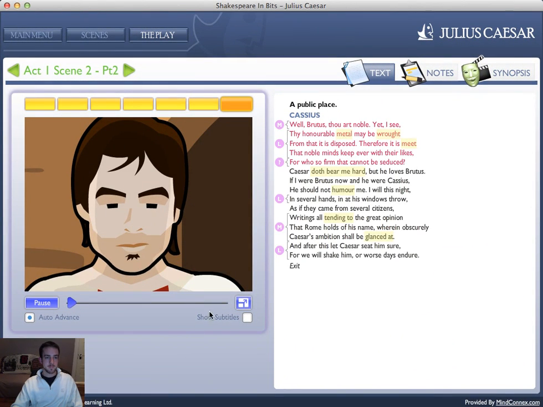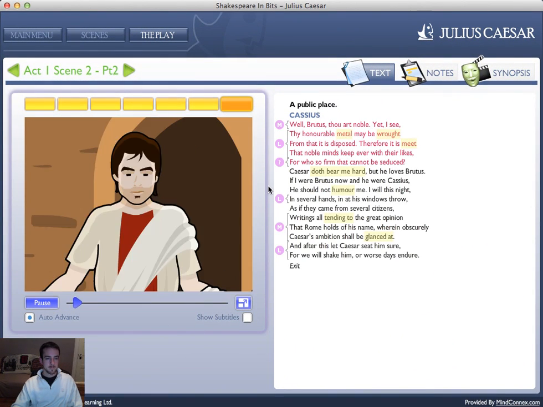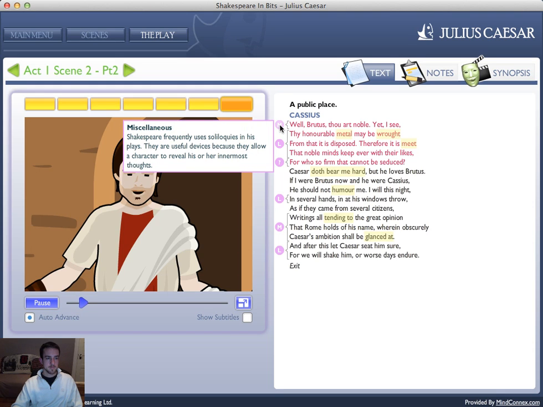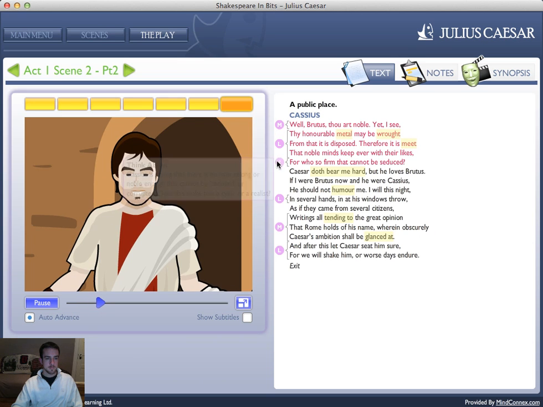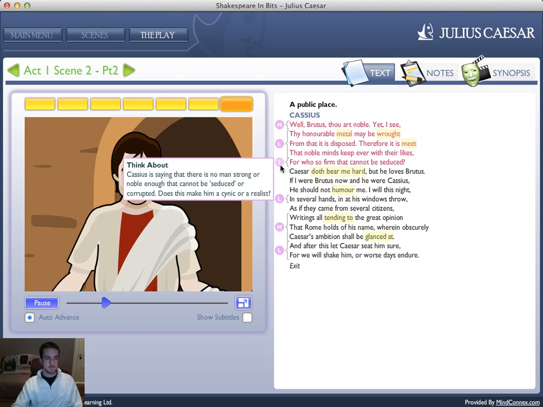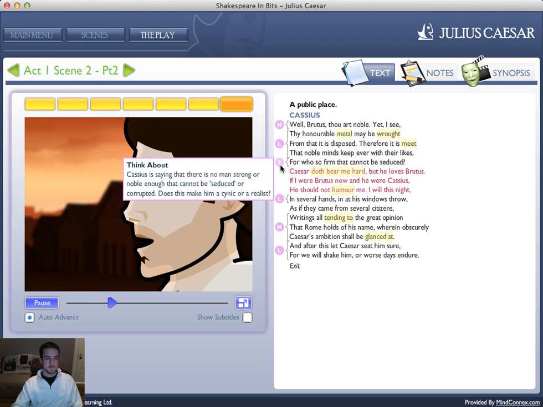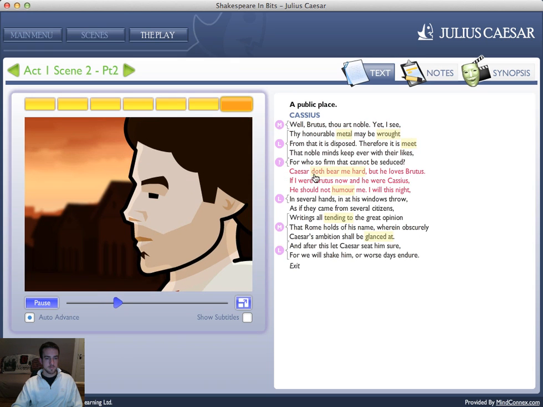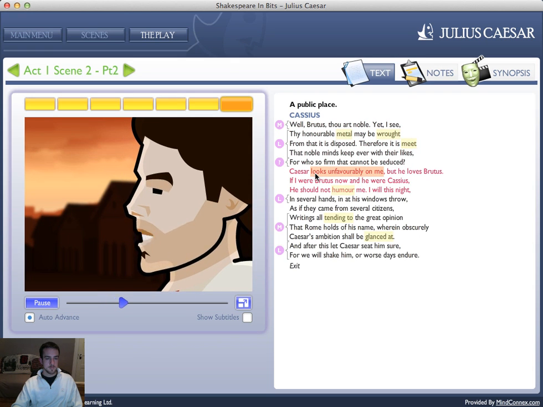Well, Brutus, thou art noble. Yet I see thy honourable metal may be wrought from that it is disposed. Therefore it is meet that noble minds keep ever with their likes. For who so firm that cannot be seduced? Caesar doth bear me hard, but he loves Brutus. If I were Brutus now, and he were Cassius, he should not humour me.